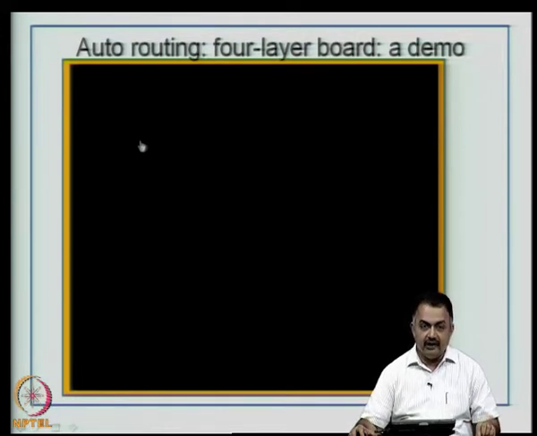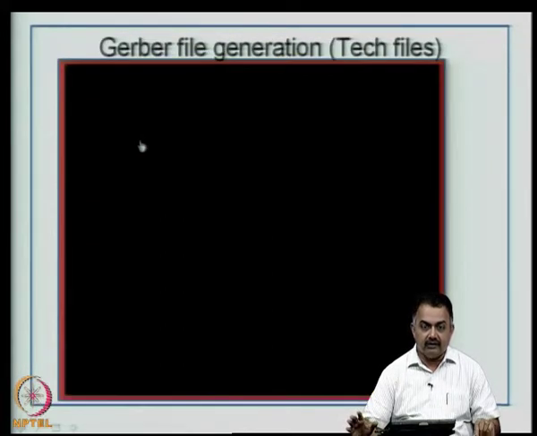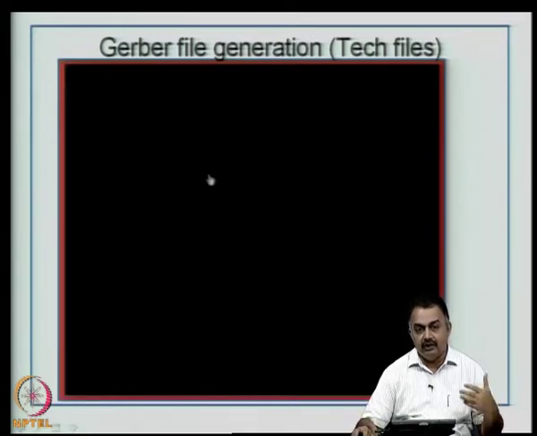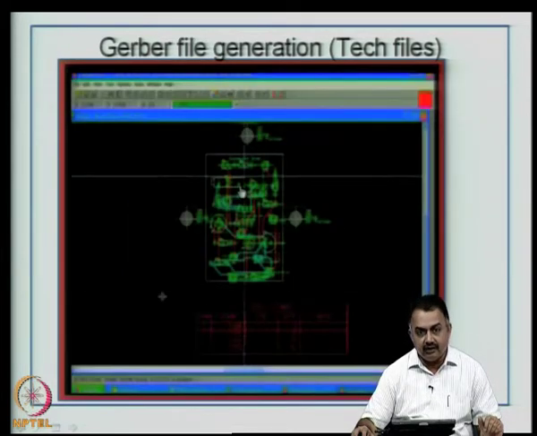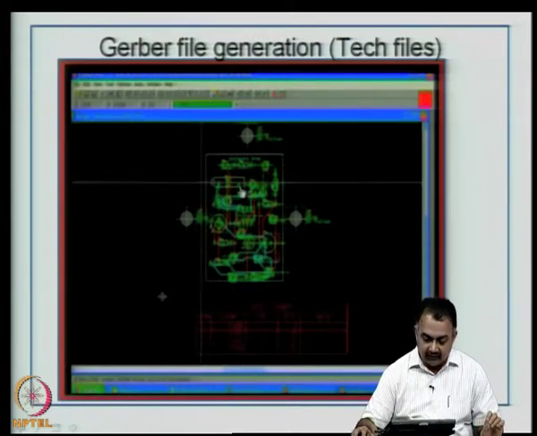So, we have seen how we have progressed for the same design from a single sided board to a double sided board and then a 4 layer board. So, for more complex boards you can use a number of layers as the case may be. Now, finally, after the routing is complete, you will have to generate technology files for this particular design.